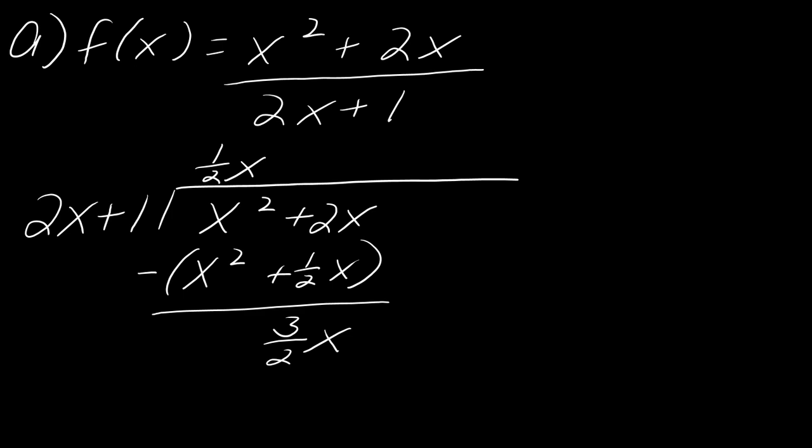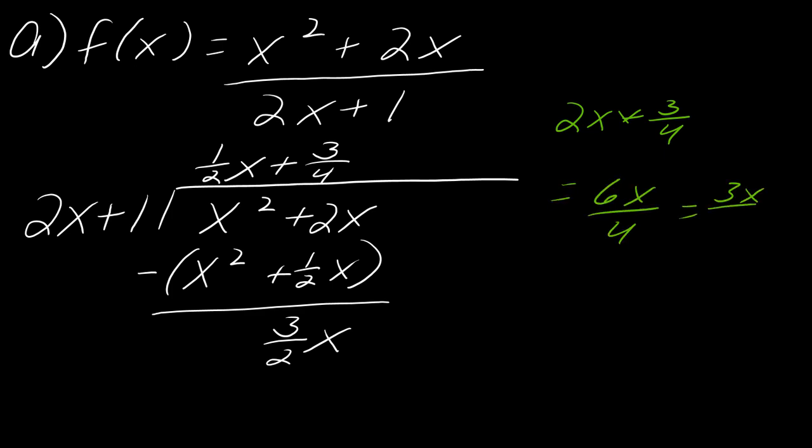Okay, so now we repeat the process. What do I multiply 2x by to get to 3 over 2x? You might have to think about this for a second, but this will be 3 over 4. So now if I multiply 3 over 4 by this, 2x times 3 over 4 gives you 6x over 4, which is 3x over 2.